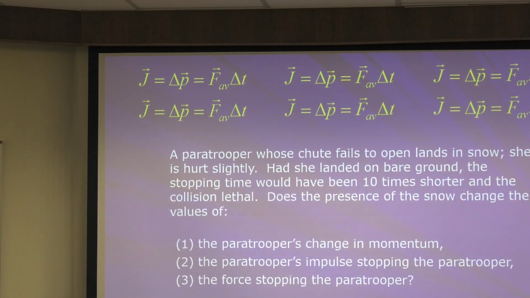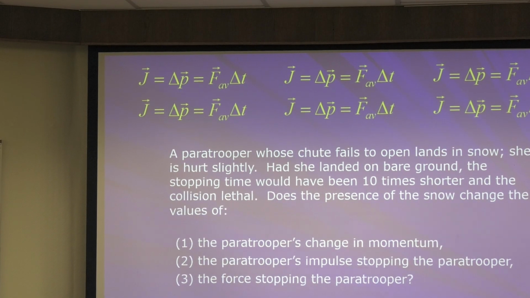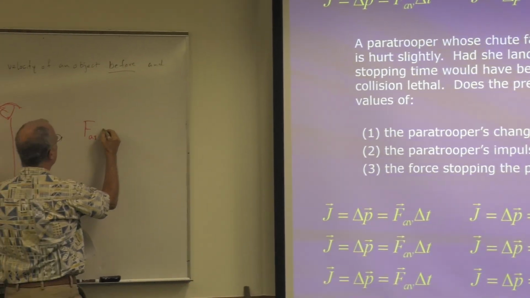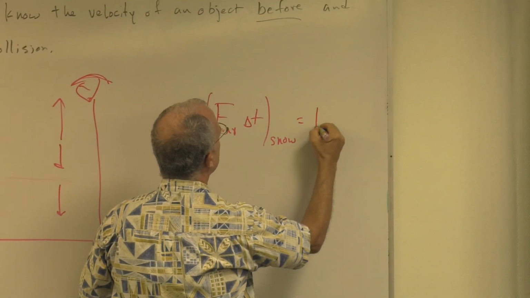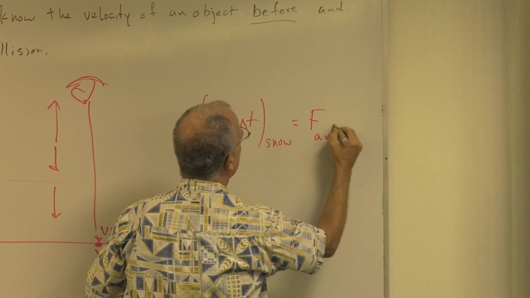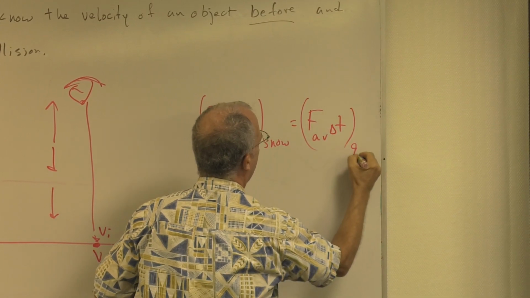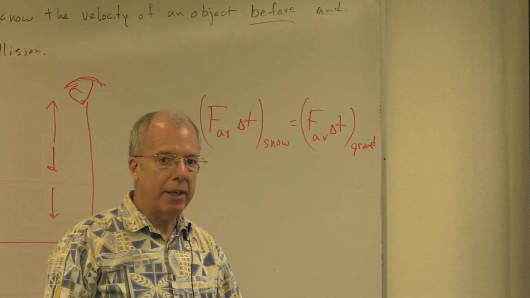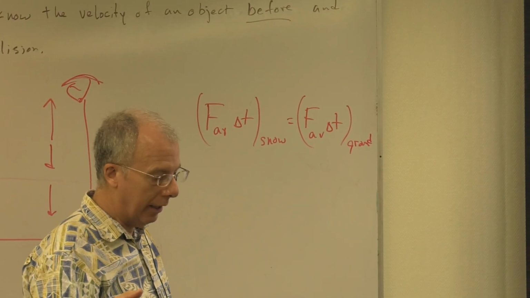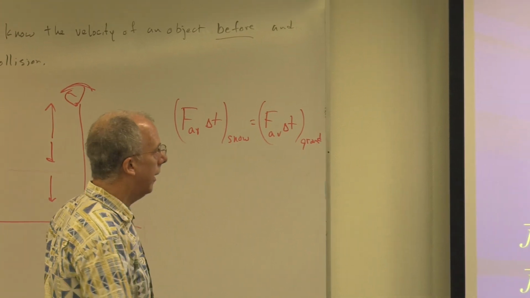So the question says, okay, so we have F average delta T snow equals F average delta T ground. Now, what does the snow do? It makes the collision last longer than it would if you hit just the bare ground, right? That's what it says.